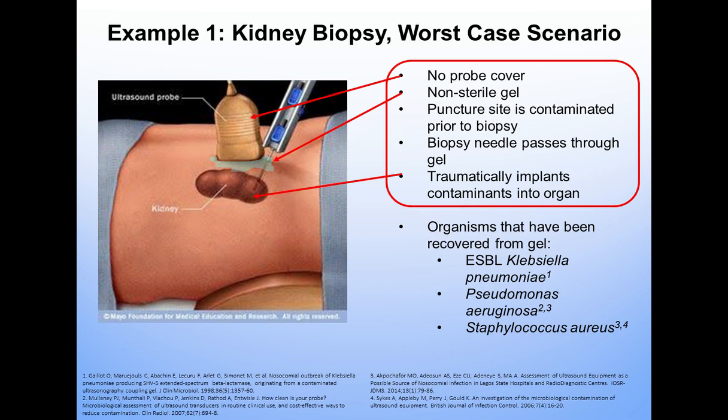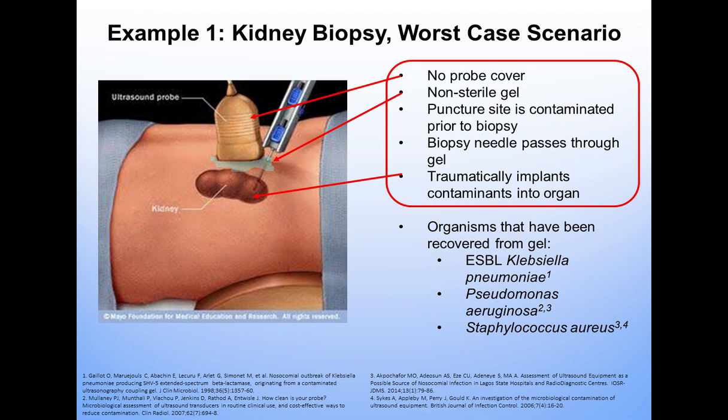So I just wanted to run you through some different examples of what not to do here. Here we have a kidney biopsy. We have no probe cover on this probe. We have non-sterile gel, and the puncture site is contaminated with the gel prior to the biopsy as the physician or sonographer is searching for the appropriate location.